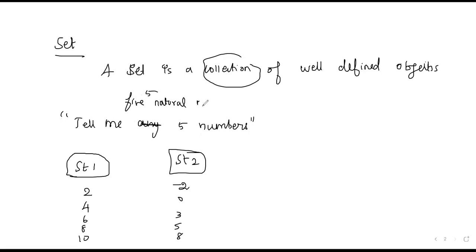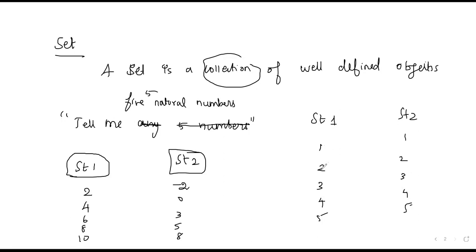Instead of the earlier statement, I have rewritten it as, tell me the first five natural numbers. For this, student one will say the first five natural numbers are 1, 2, 3, 4, and 5. And student two will also say that the first five natural numbers are 1, 2, 3, 4, and 5. Got it? So the answer will be the same from everyone's mouth.